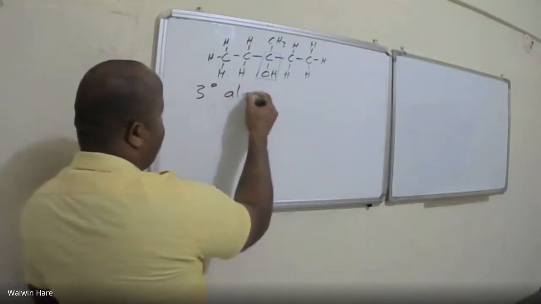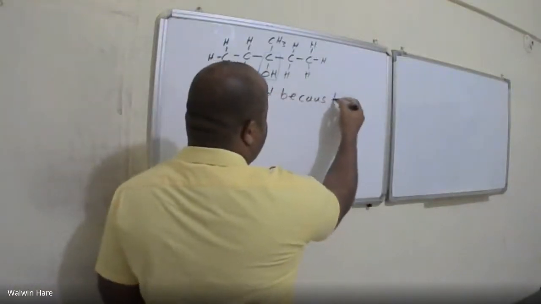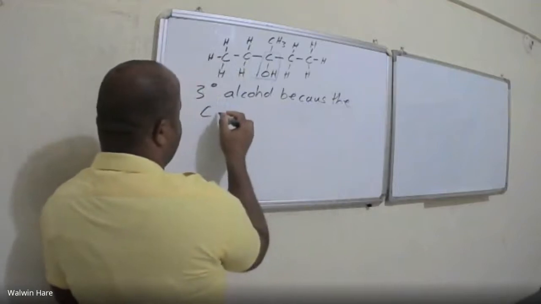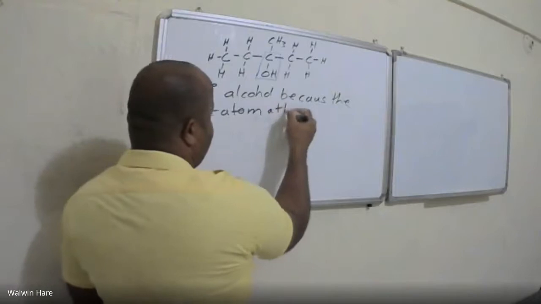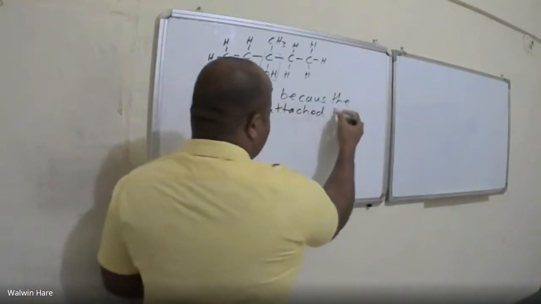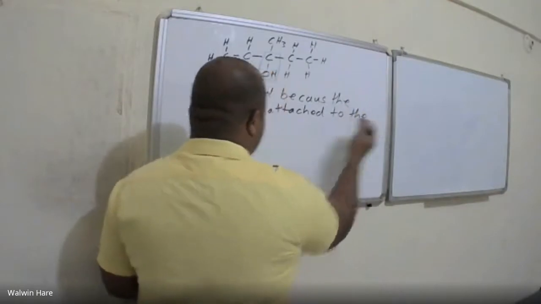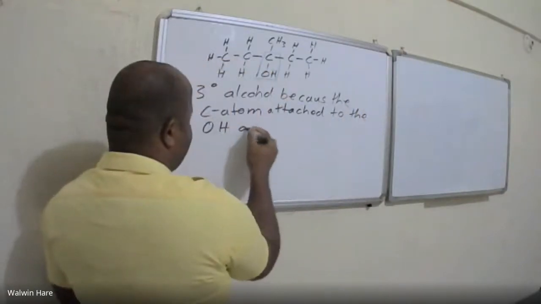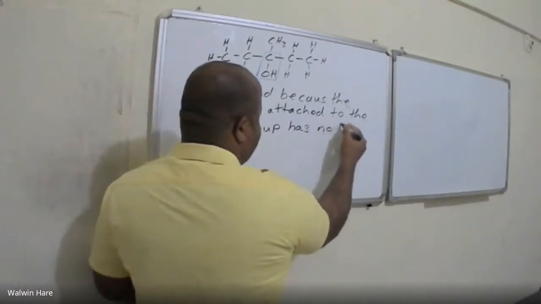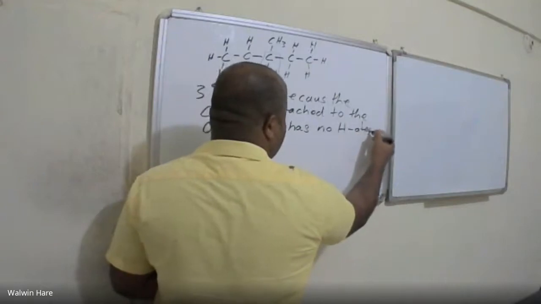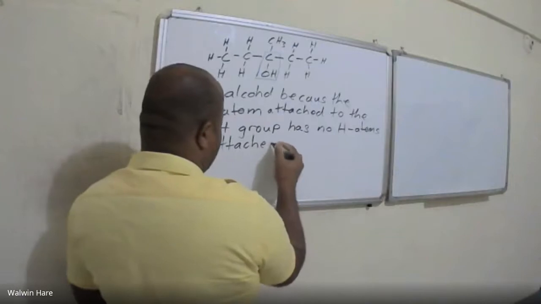So it's a tertiary alcohol because the carbon atom attached to the OH group has no hydrogen atoms attached to it.